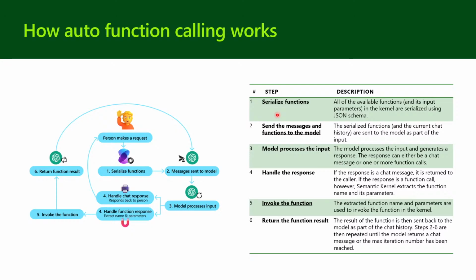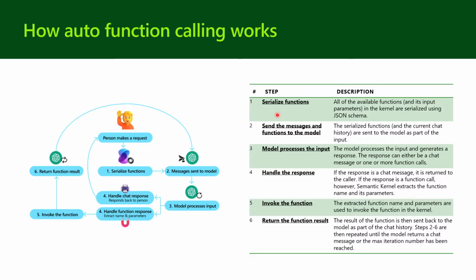Don't forget there are different ways of defining plugins in the Semantic Kernel. The one that I showed you is just a C# method. Another way is the conventional way of defining plugins using a directory called plugins, and defining your plugins in that directory. And you can also use YAML syntax or prompt templates to define the functions.